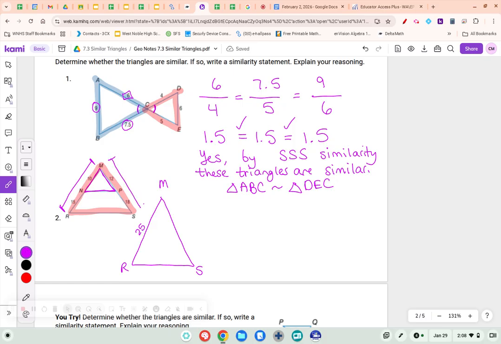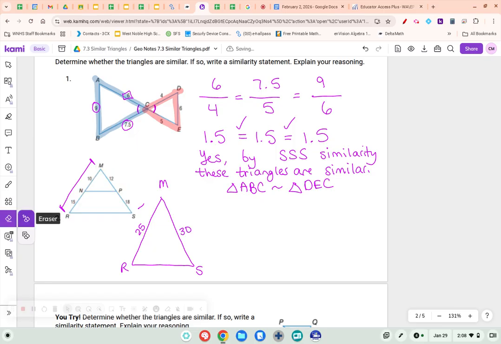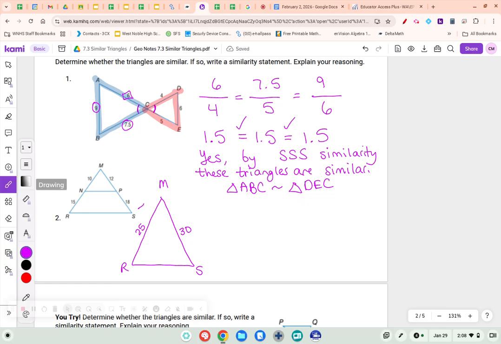And then we're going to have to take 12 plus 18 and get 30. Okay? Now, we don't know anything about that last side length. But what we do know is the fact that this angle is reflexive in the shape that we are given. So those angles, since they are the same, are congruent to each other.